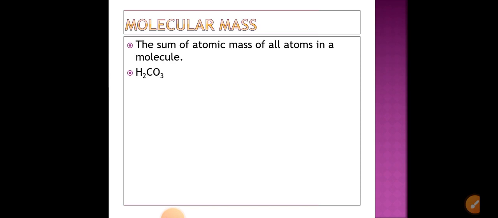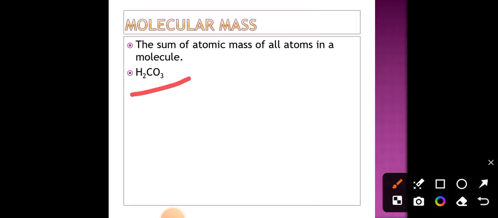So very simple example, let's take H2CO3. Now the criteria to solve these types of problems is that you must know the atomic mass. Atomic mass of some of the common atoms you must know, like hydrogen, carbon, oxygen, nitrogen, and also elements like sodium, chlorine. These are some of the elements which are repeatedly asked.